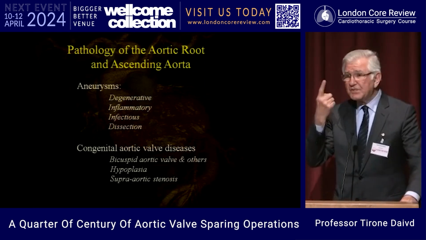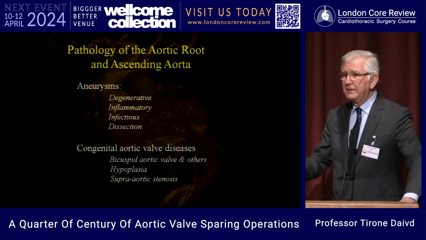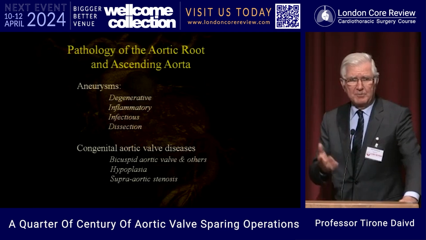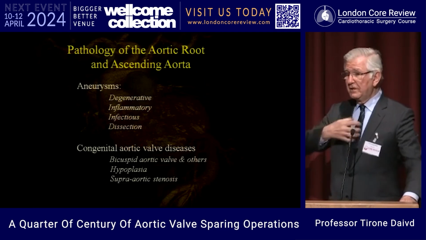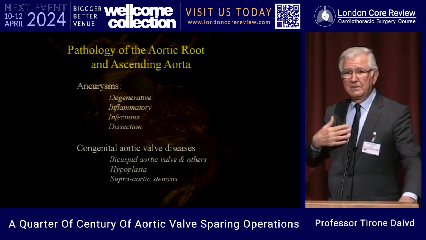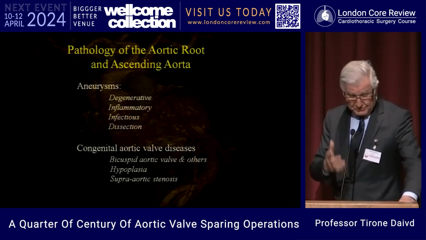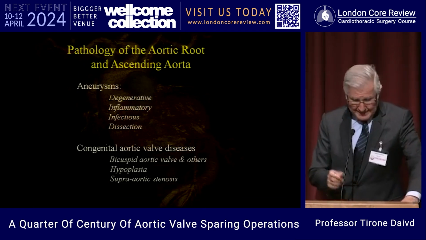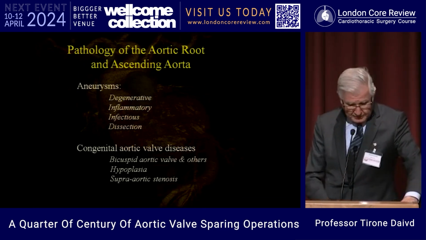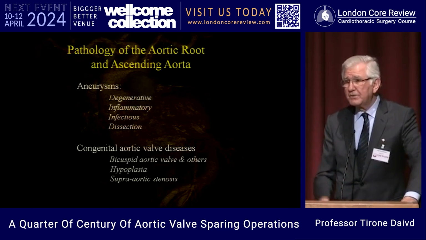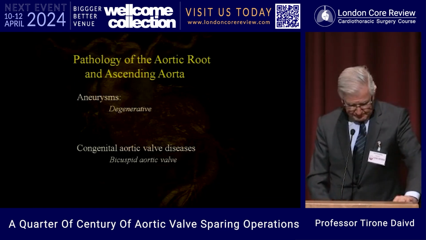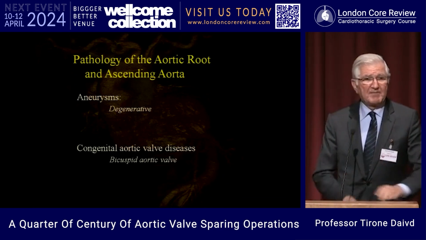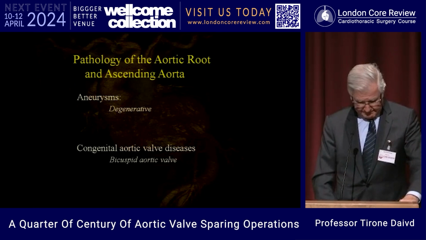I operated on one syphilitic aneurysm in my whole career, and I have done thousands of ascending aorta and arch aneurysms in my career. One syphilitic, pulsatile through the sternum, and it was interesting. Dissection is very prevalent, and you heard earlier this morning. And then the congenital heart valve. Well, the congenital, of course, the most common one is bicuspid.